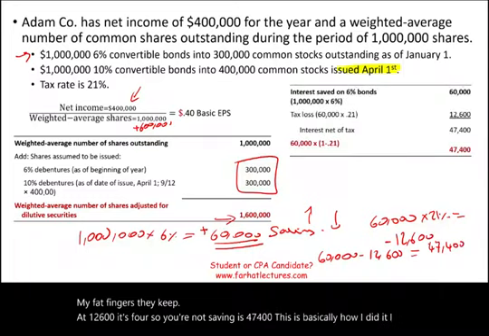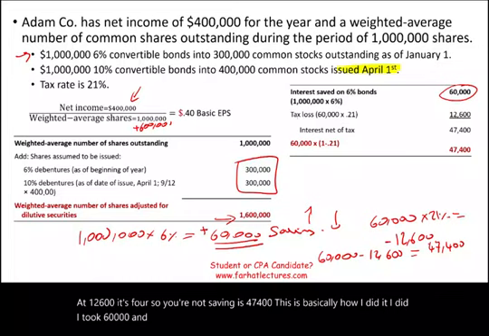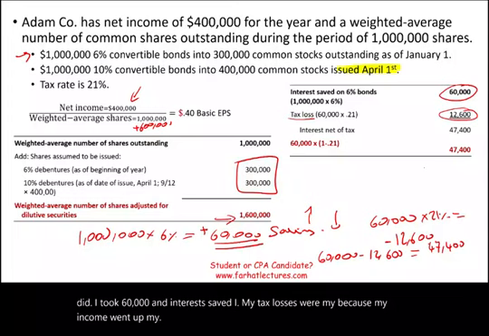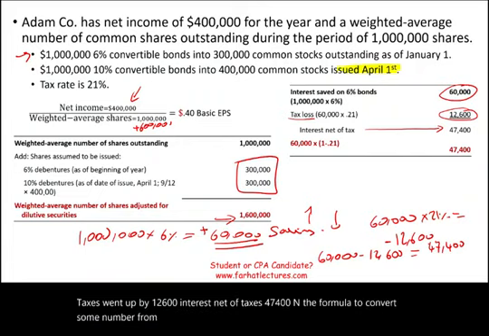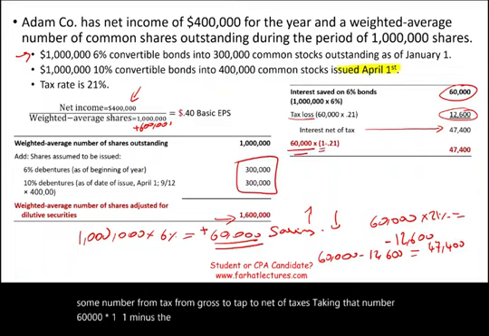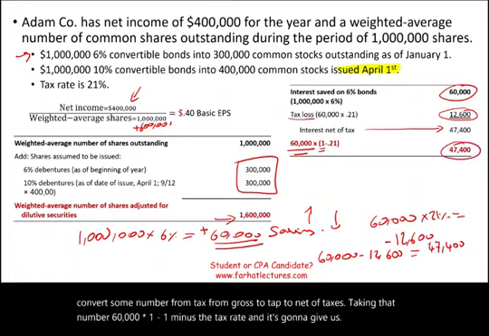This is basically how I did it. I took 60,000 in interest saved. My tax losses were because my income went up, my taxes went up by 12,600. Interest net of tax is 47,400. Now, the formula to convert some number from gross to net of tax is taking that number, 60,000, multiplied by 1 minus the tax rate, and it's going to give us 47,400, which is the same thing.